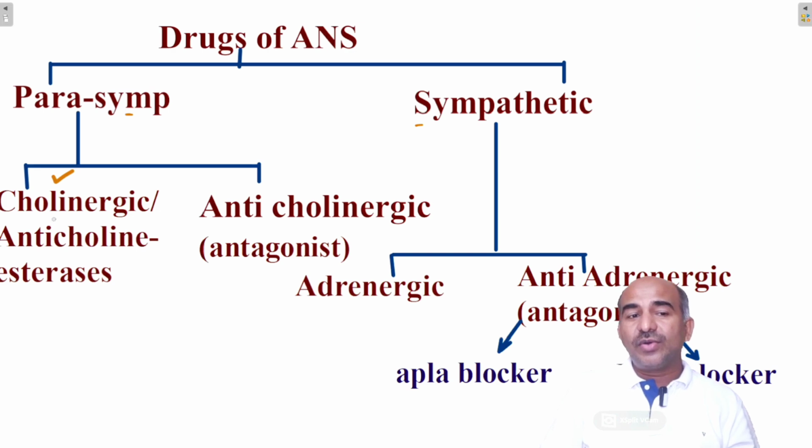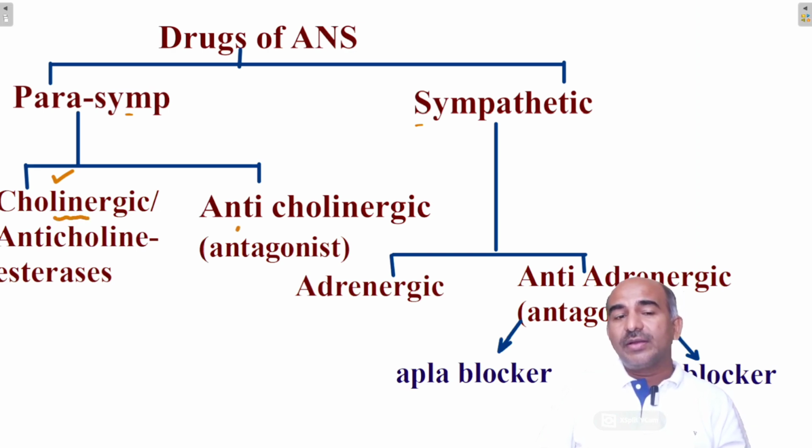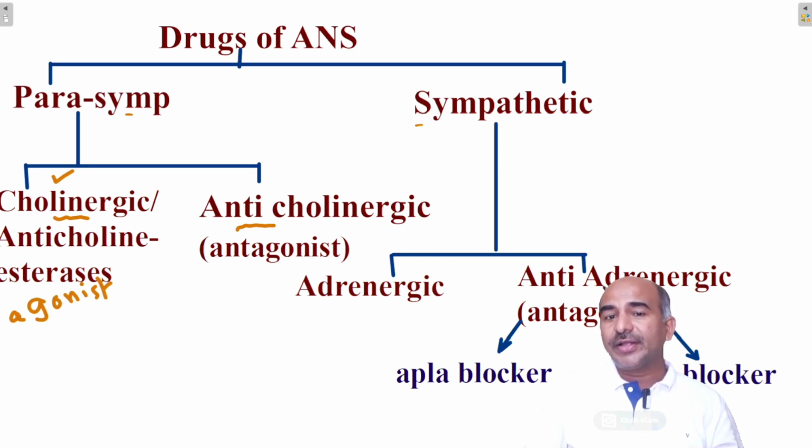These are called cholinergic, acetylcholine-like actions, and we want to give its antagonist, anticholinergic. Got the point? So these are agonists, and we will give antagonists. Similarly, in the sympathetic nervous system, there are two kinds of drugs: adrenergic, which brings the action of adrenaline, and anti-adrenergic, which blocks the action of adrenaline.